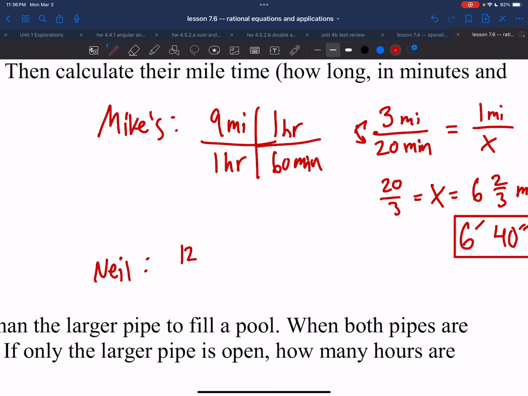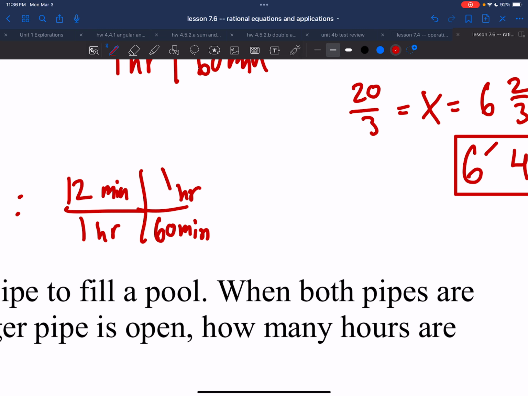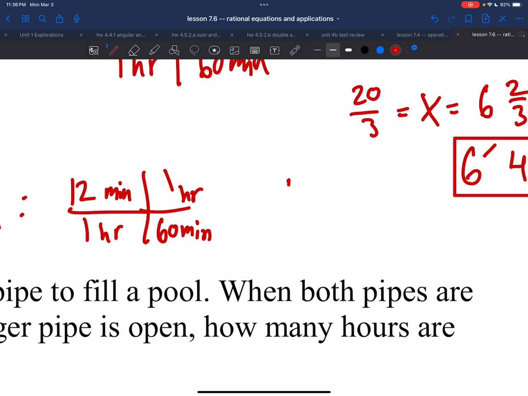He does 12 miles per hour and divide this by 60. Then if you divide top and bottom by 12, that means it takes 1 mile and divide 60 by 12, you get 5 minutes.